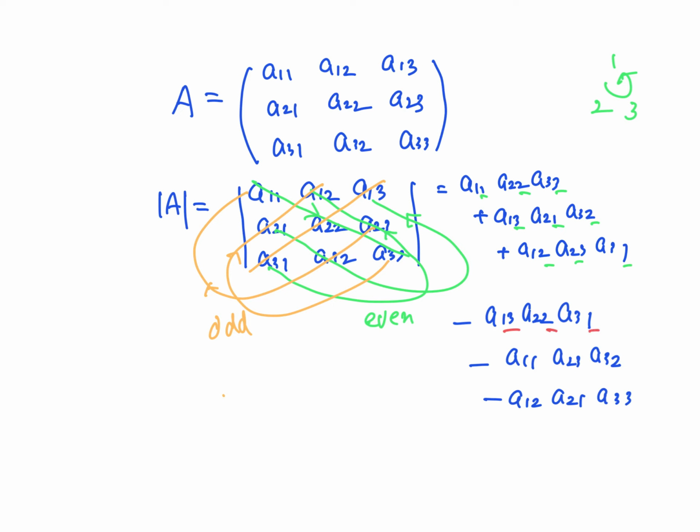That's odd. 1, 2, 3, clockwise. 1, 3, 2, right? This is again odd. 2, 1, 3 is again odd. So this is a practical method of calculating the determinant. So you can either use the cofactor method or multiply by this.